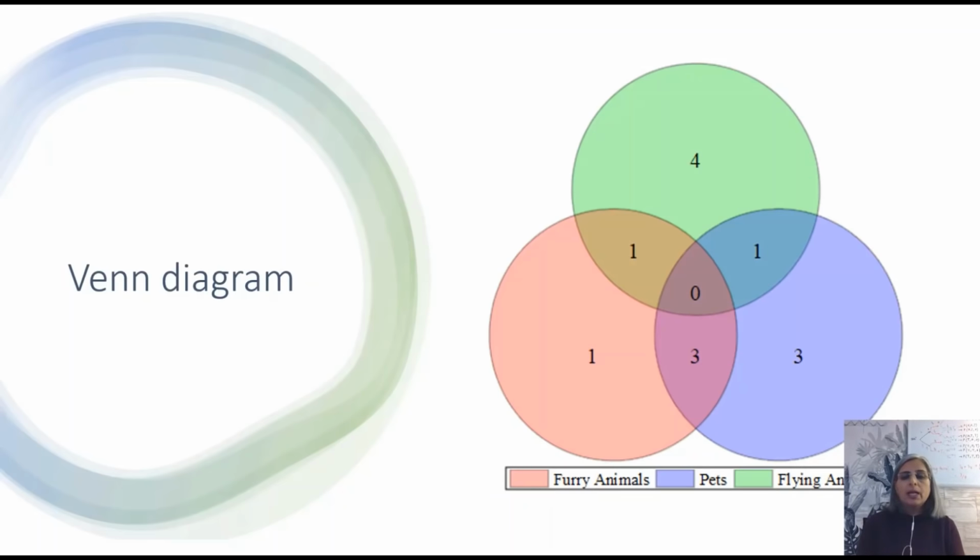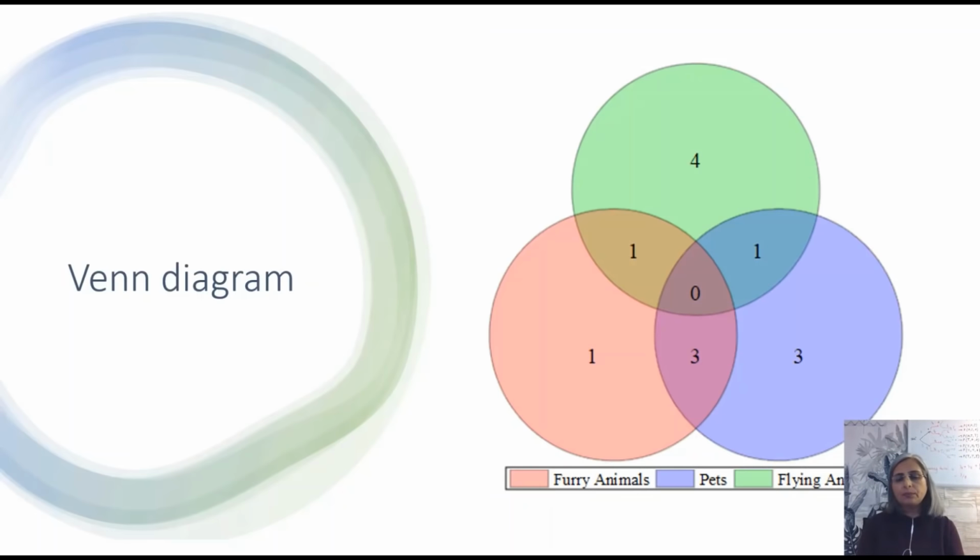If the information is shared with pets, then there could be no elements. The number 0 represents that there could be no elements there that are either furry or a pet. And there could be one element that is both furry and a pet. And there could be one element that is a pet and a flying animal, because it comes in the intersection of the green and purple circles.